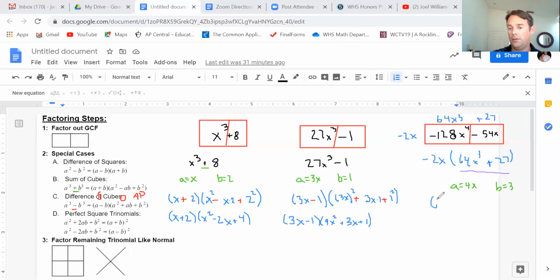A, B, so it's A and B to begin with. And then we have A squared, A times B, and B squared.